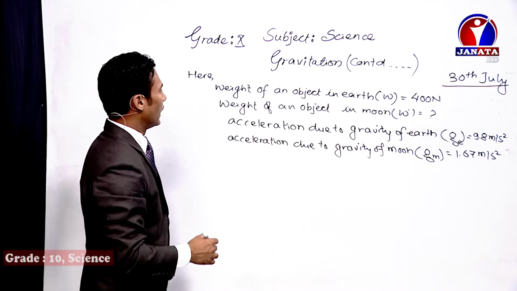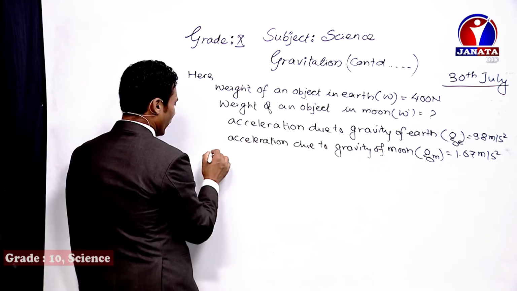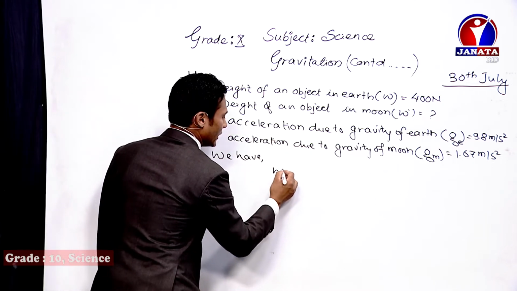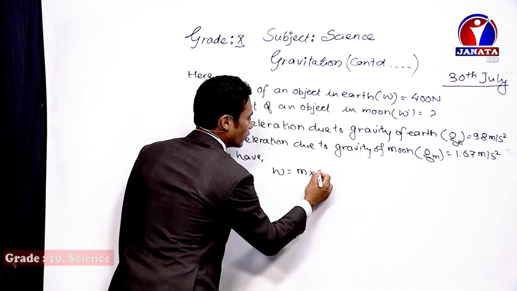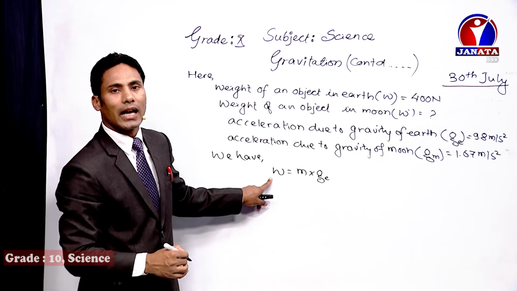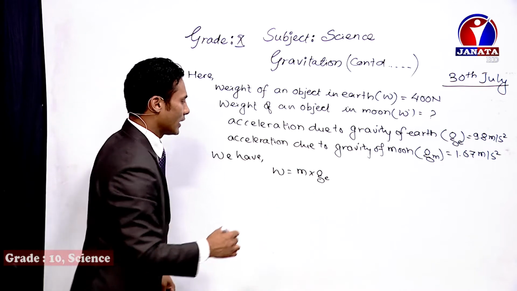So let's find how to find the weight of an object on the Moon. We have weight equals mass into acceleration due to gravity of the Earth, because this is the weight at the Earth. So we need to calculate by using this formula.